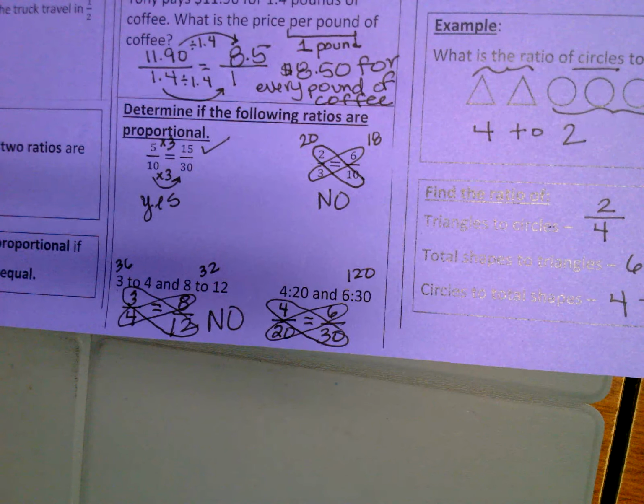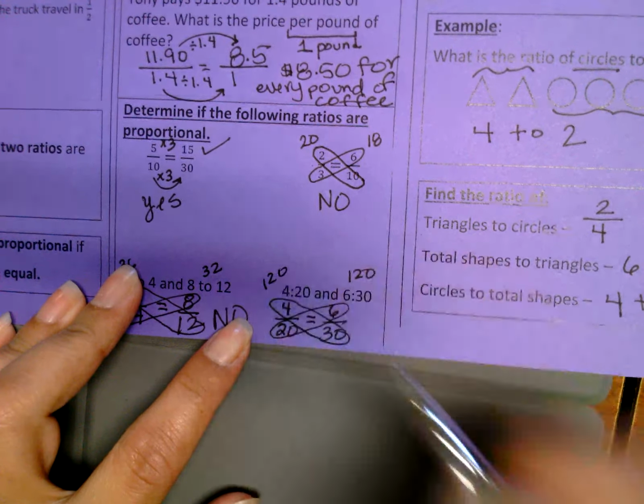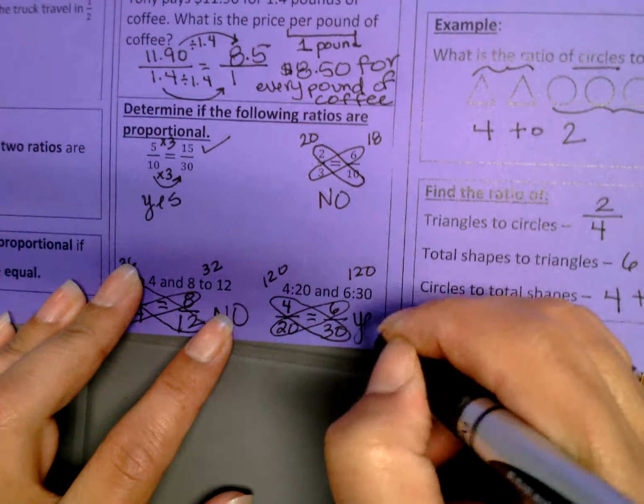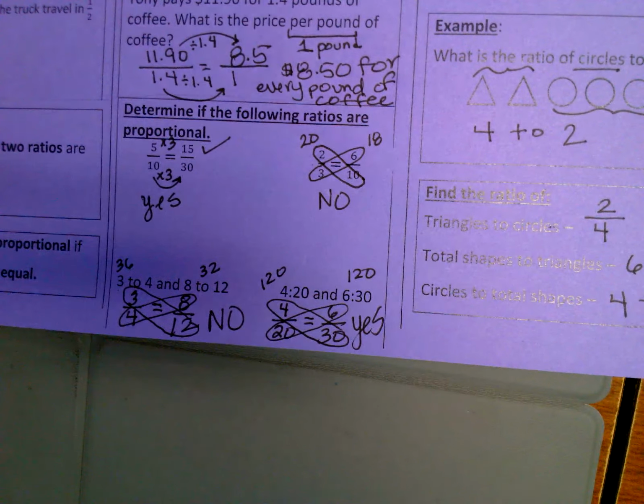Do it on paper and pencil, Roy. That's why we have paper and pencil. 160? 120. Because 4 times 3 is 12 and then place the 0. So are these proportional? Yes. Nice answer.